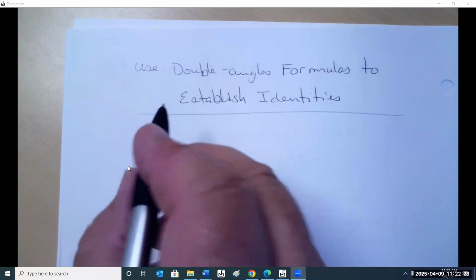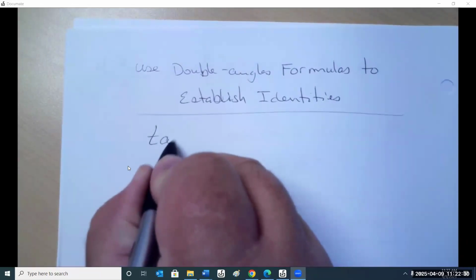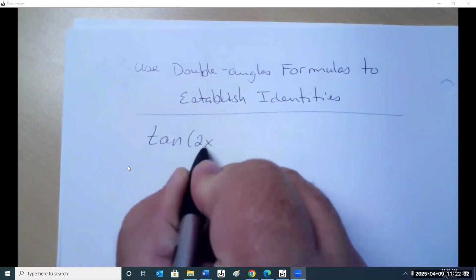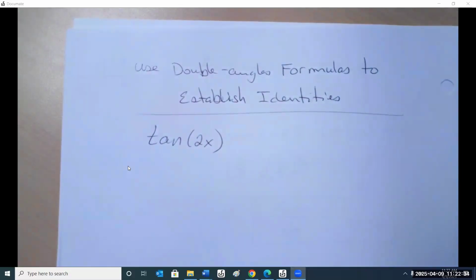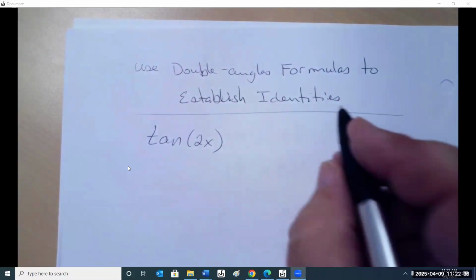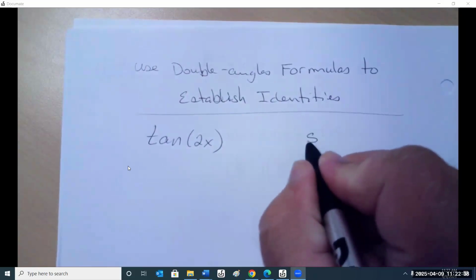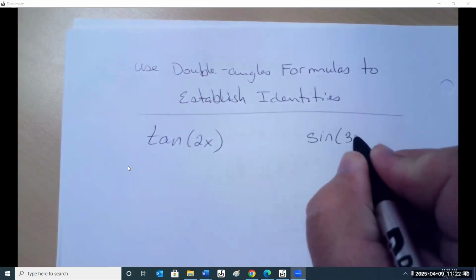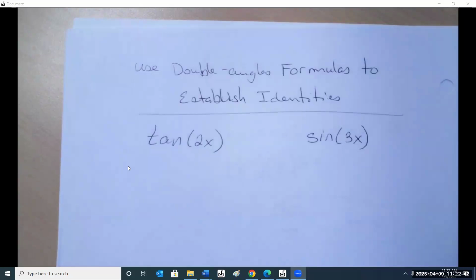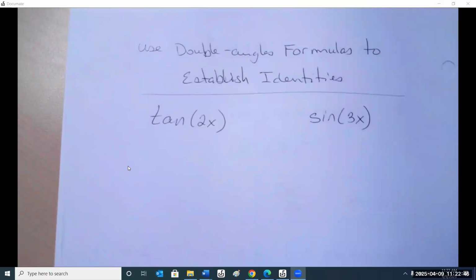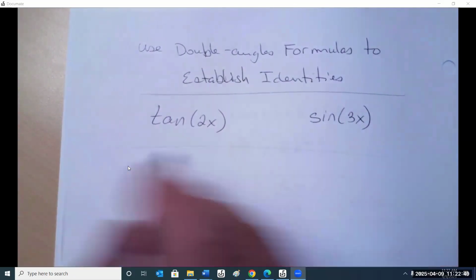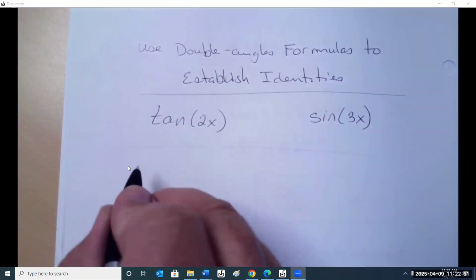More precisely, we're going to look at developing tangent of 2x. And then we're going to expand it a little bit, and we're going to look at this. What if we have sine of 3x now? So let's first develop tangent.